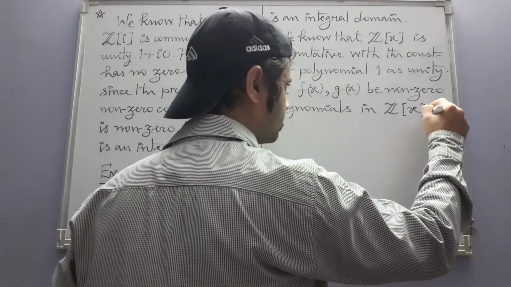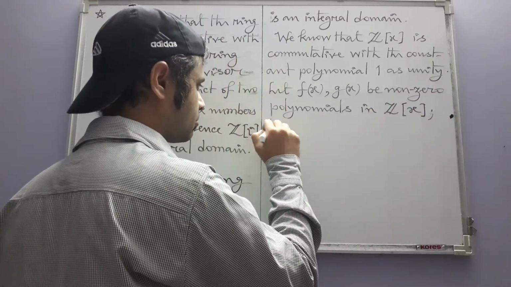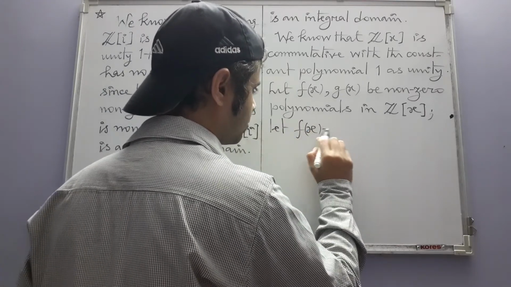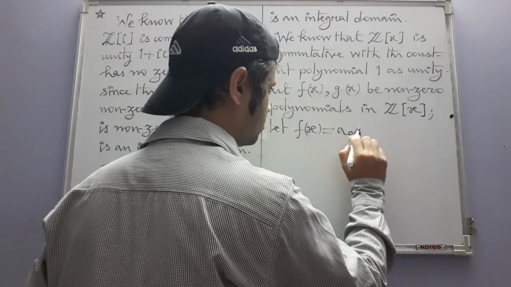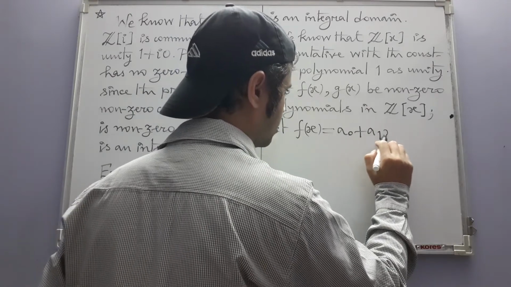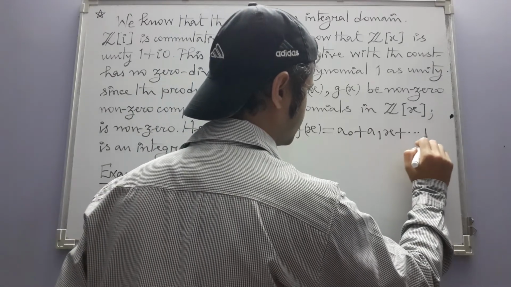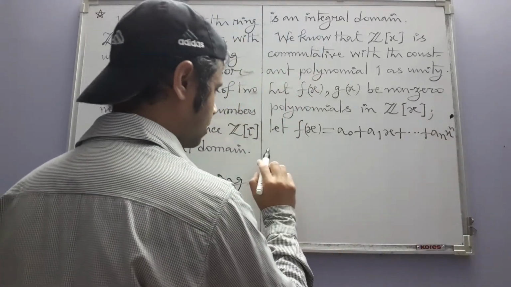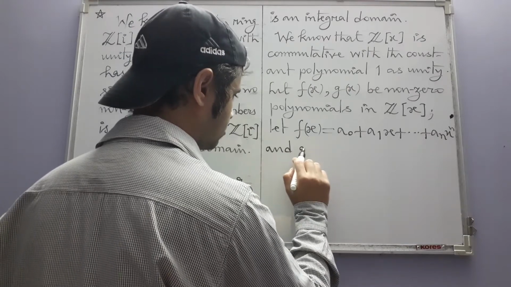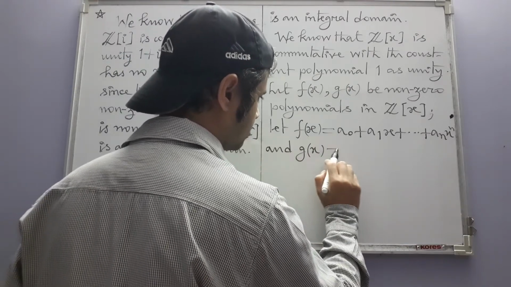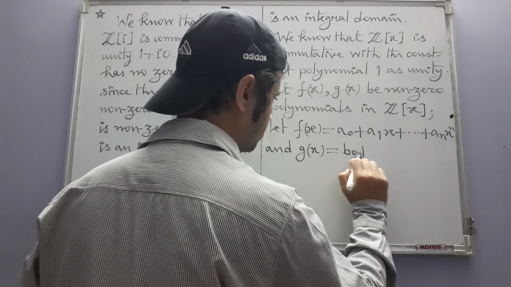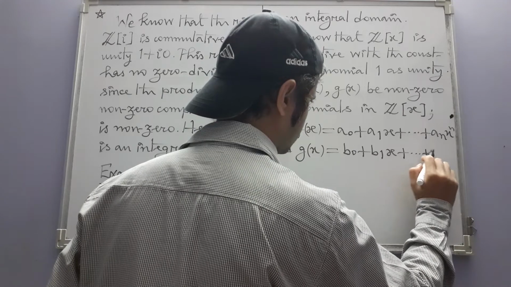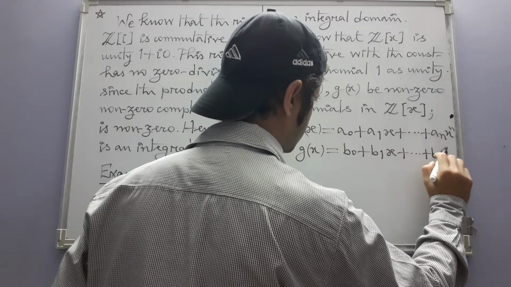Let f(x) be a0 plus a1x etc. plus anx to the power n, and g(x) be b0 plus b1x etc. plus bmx to the power m.